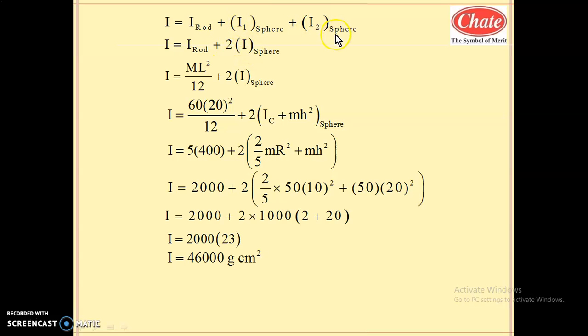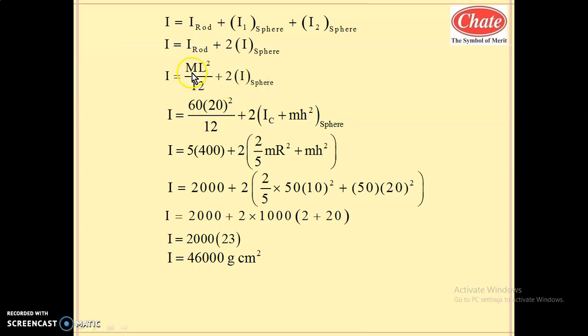So the total moment of inertia of a dumbbell is the moment of inertia of the rod plus 2 times the moment of inertia of a sphere. So the total moment of inertia will be the rod's moment of inertia about the central axis, ml square by 12, plus 2 times the moment of inertia of the sphere about the given axis of rotation.